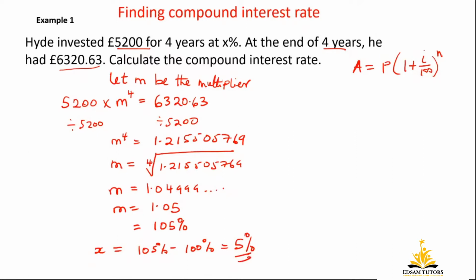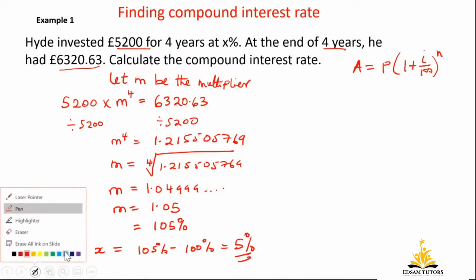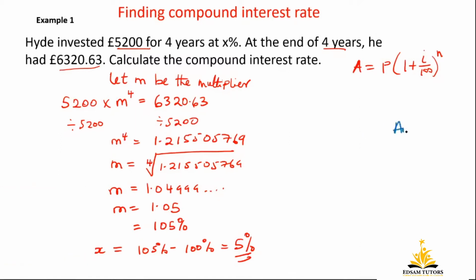And you can do an answer check. It's always good to do an answer check on your calculator to make sure that you've got it right. So let me use a different color here. Answer check.